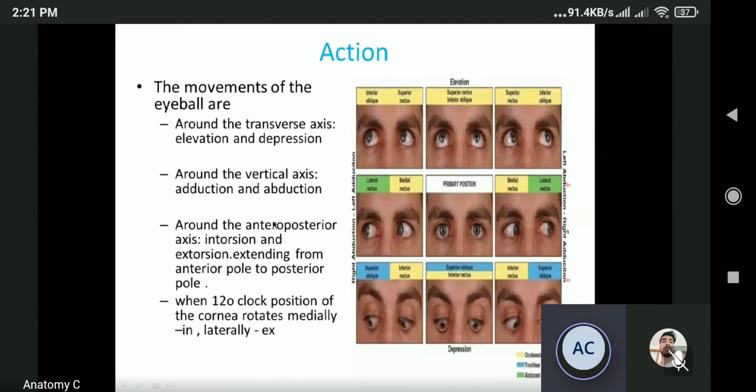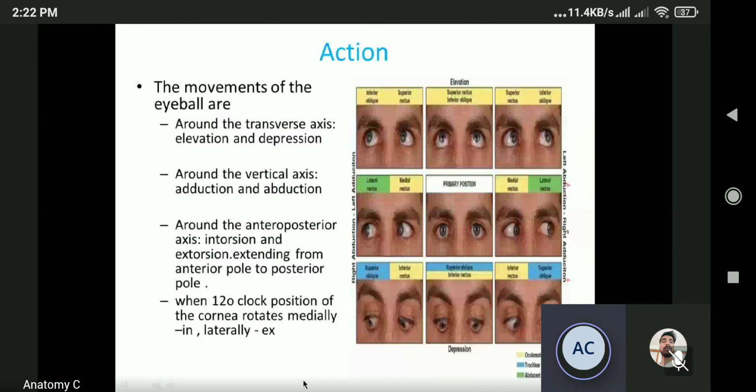Around the anteroposterior axis, we get intorsion. Can you see the intorsion? It's moving like this, and extorsion it's going out. Intorsion means looking towards the nasal side, whereas extorsion is looking towards the temporal side.